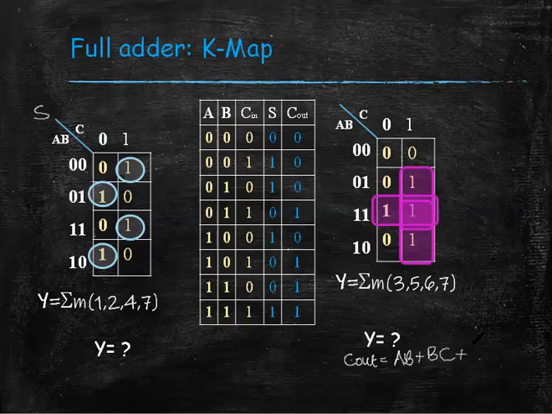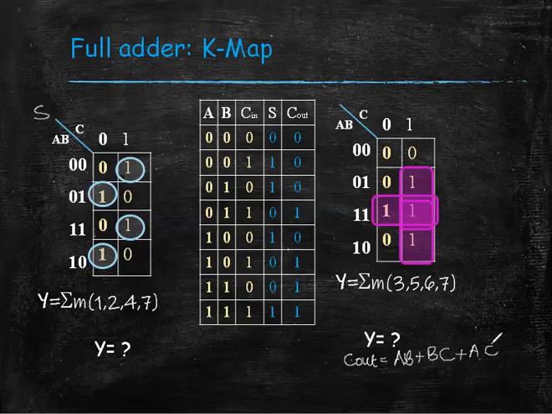And the third pair is here, the lower one, where B is removed, then it is the product AC.